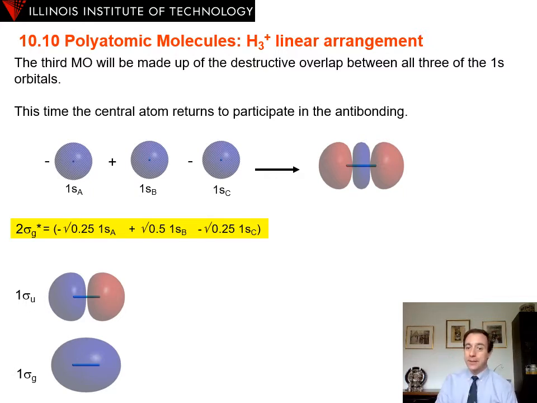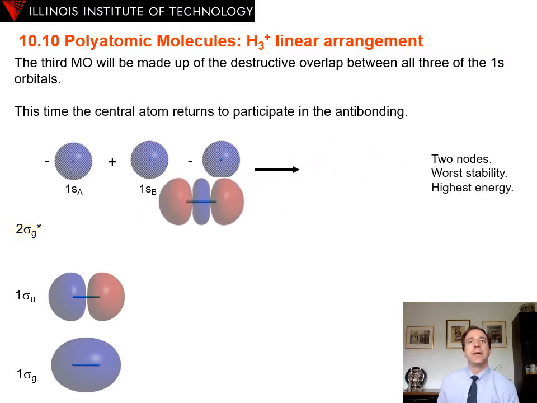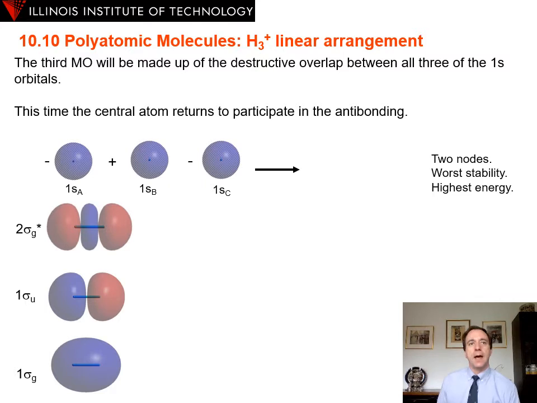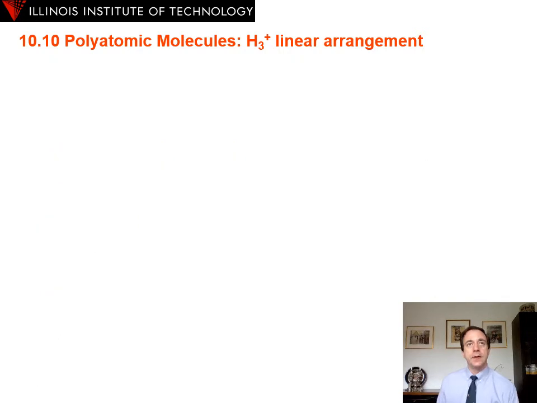We're taking three atomic orbitals and we're going to make three molecular orbitals, and that is what our molecular orbital looks like. It's got two nodes. It has the worst stability of these three, and it is the highest in energy. So we will move that over there. And those are our three orbitals made up of those three atomic orbitals, those three different arrangements.